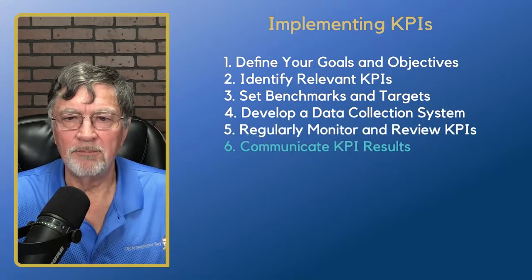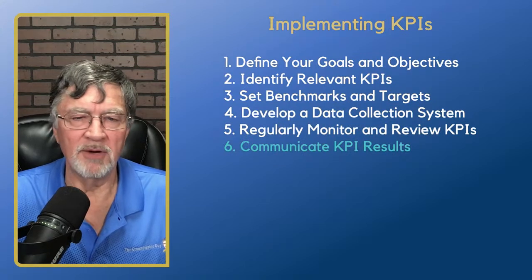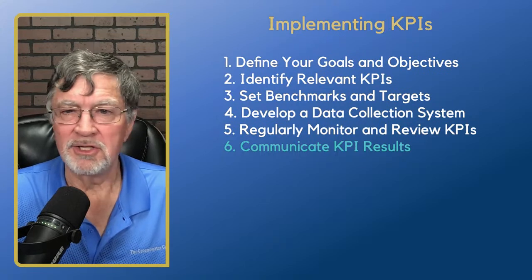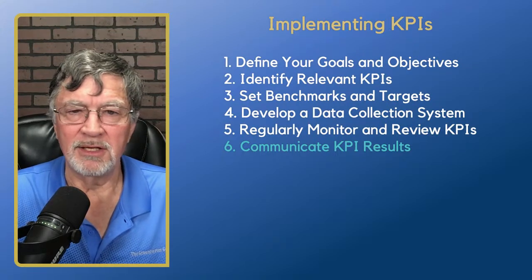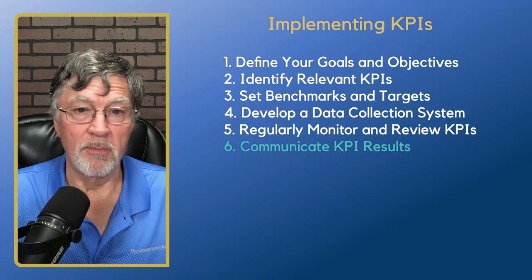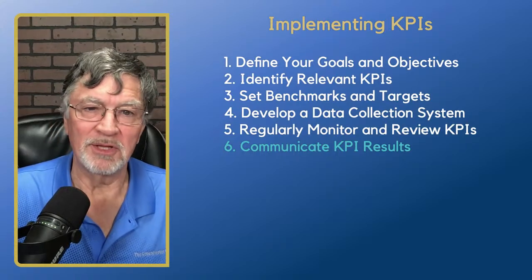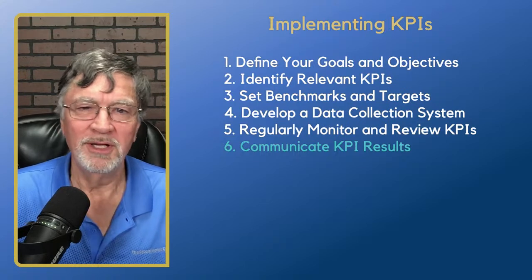So, you want to communicate the KPI results. It should really be something you discuss at the board meeting. You should put the charts up and show what the trends are, good or bad. Obviously, if they're good, then that's something you really want to report to your board.